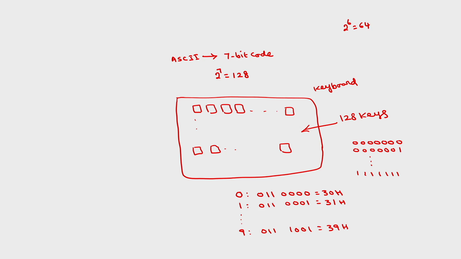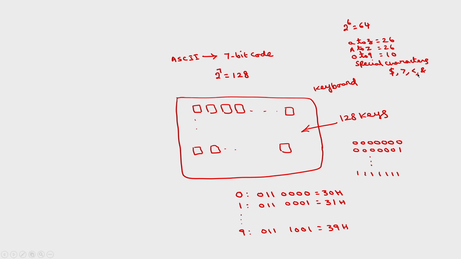But in this keyboard we require all lowercase letters A to Z, which is 26, uppercase letters A to Z, 26, then digits from 0 to 9, which is 10, then some special characters, such as dollar, greater than, less than, and different symbols.